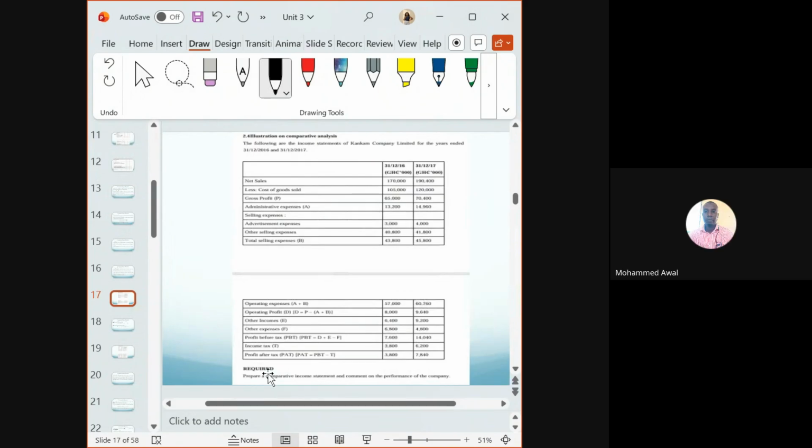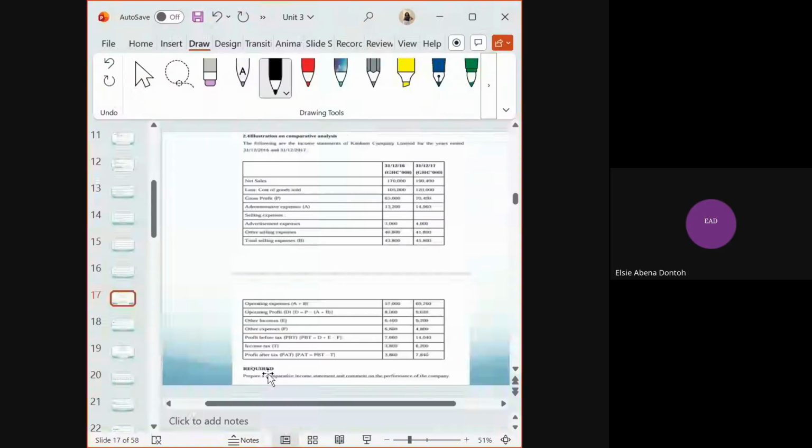Please, madam, I want to find out, in terms of intercompany comparison, comparing two or more companies, knowing very well that the nature of business they run varies and the capital required also varies, can we use those two or more companies to do comparison?